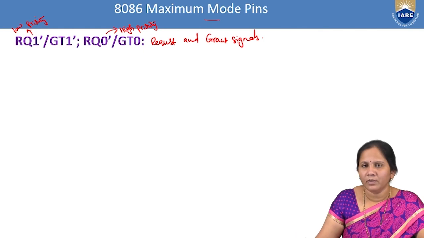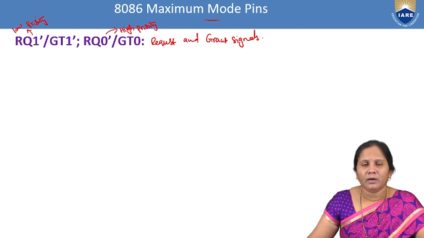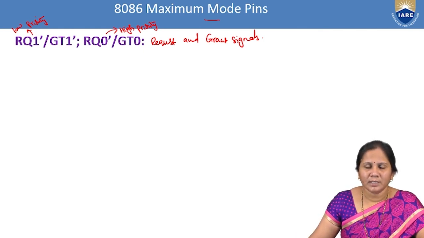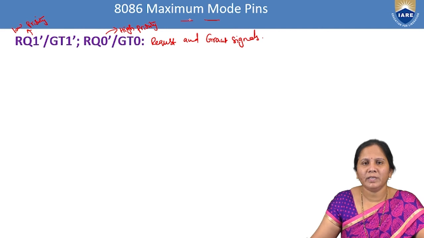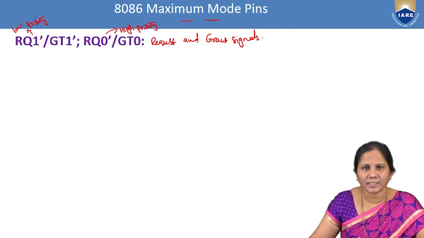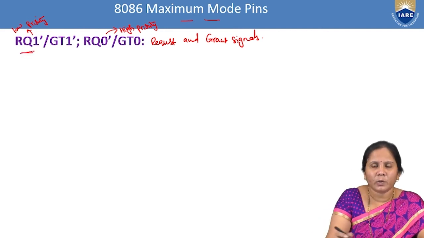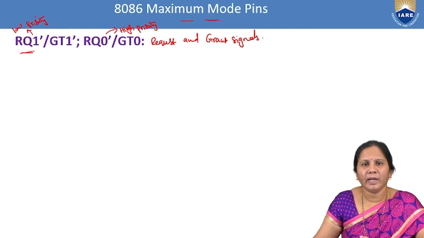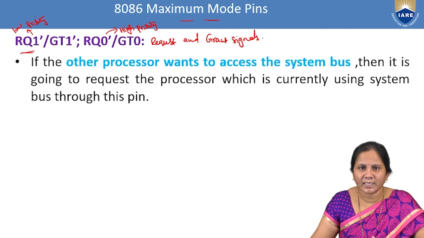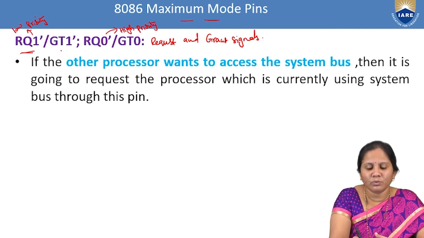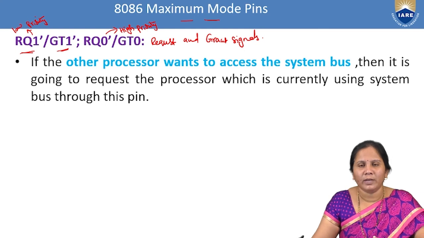If any other master wants to request the system bus in the maximum mode, it will request the system bus access through these request lines only. And if the 8086 microprocessor is willing to release the system bus access, it will send the acknowledgement through these grant signals only.